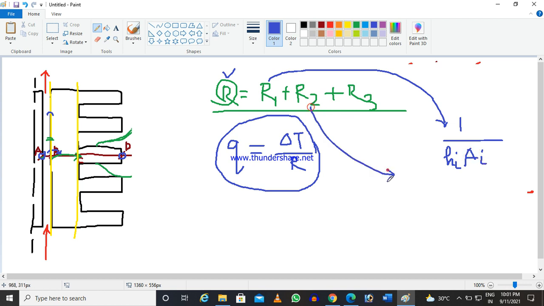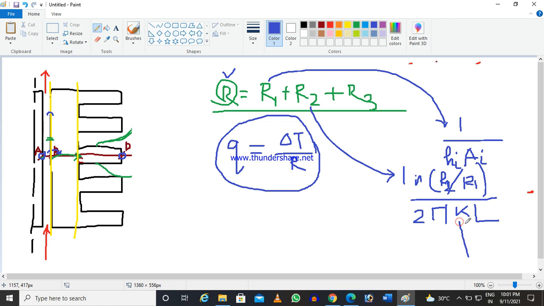But this is very easy. Natural log R2 by R1 divided by 2 pi KL. It's constant. You see this thermal conductivity, it's a passive parameter. Length, this length is also a passive parameter. R1, R2, those will not change.